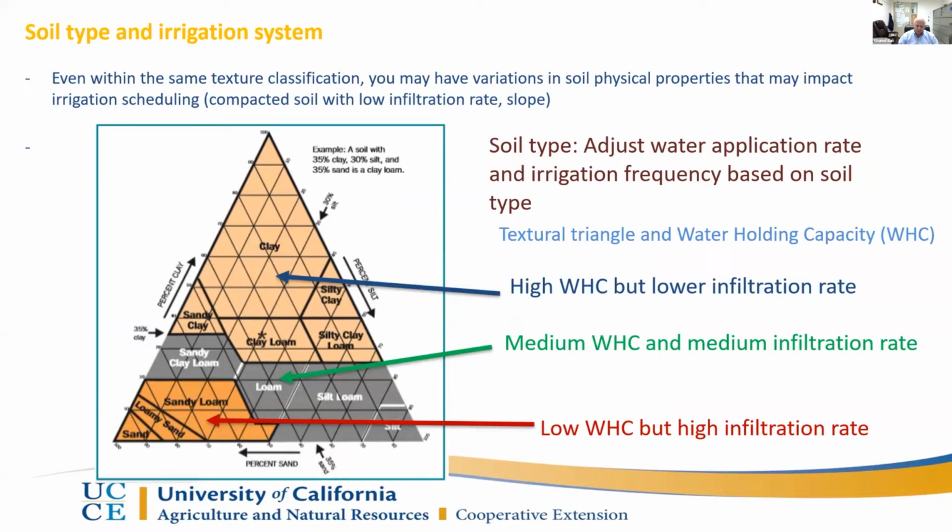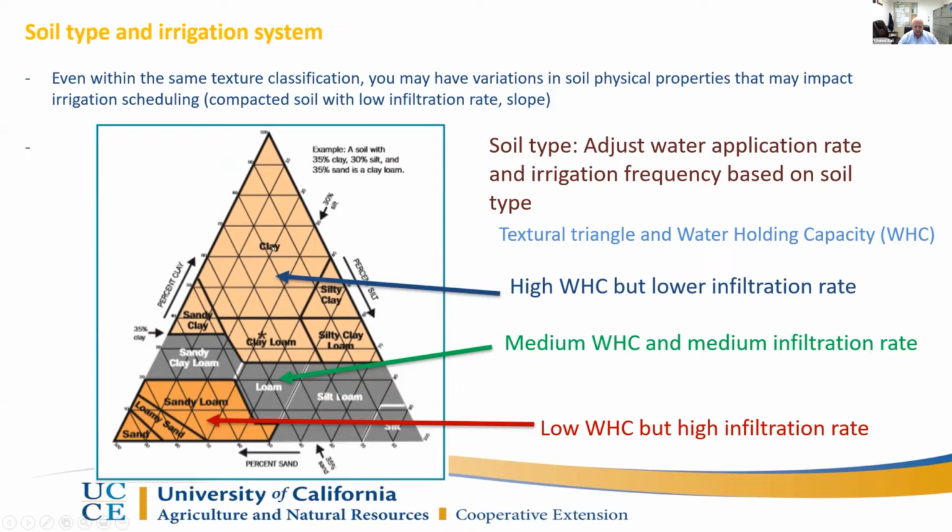I'm sure you're all familiar with the soil texture triangle. There are so many different soil types, but in general, I like to keep things simple, and maybe we can lump all these soil types into something we call heavy soil.